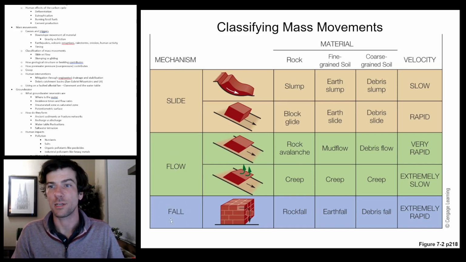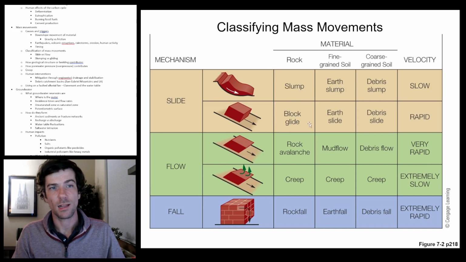A rock fall is more or less a rock just falling straight down like we saw. But slides suggest that there is a plane on which the majority of transport is occurring. And that's true, right?